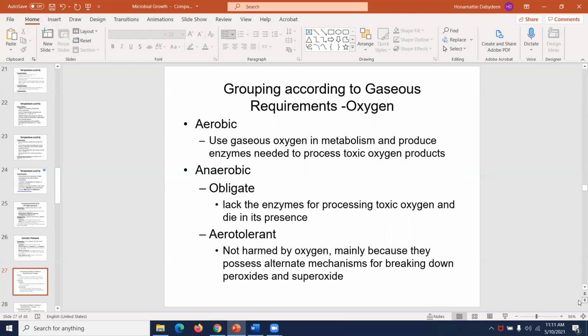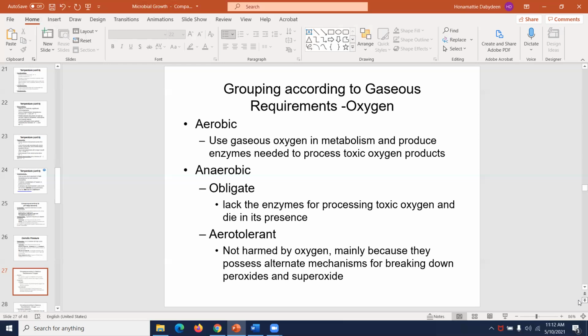Aerobic organisms use gaseous oxygen in metabolism, usually as the final electron acceptor. In that process, not only do you produce water, which is non-toxic, but you can also produce some toxic oxygen products, like superoxides.